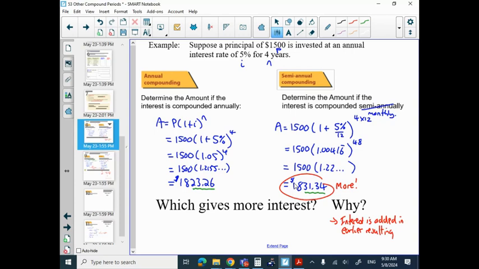So resulting in more principal essentially, but more money with interest growing on it.